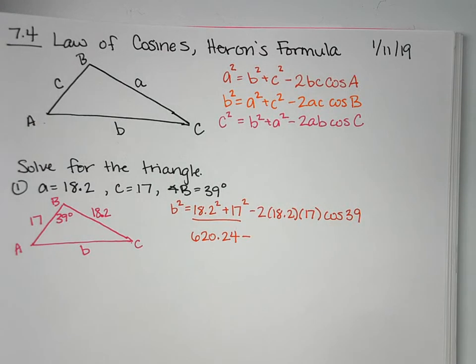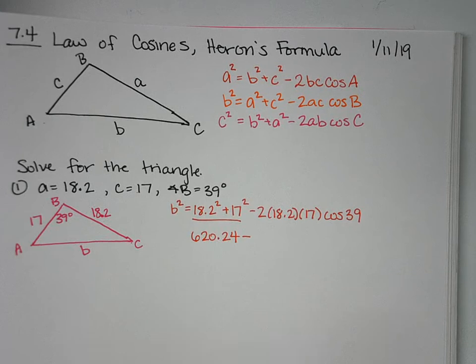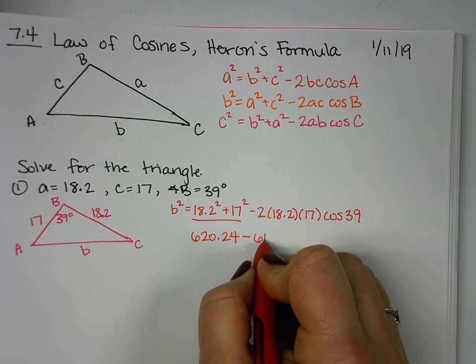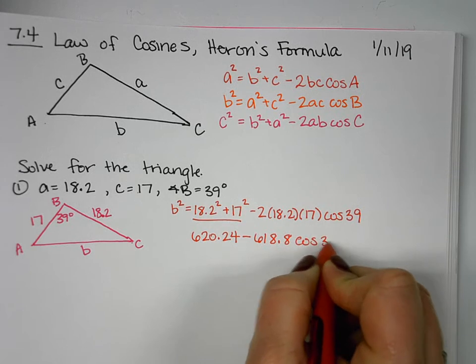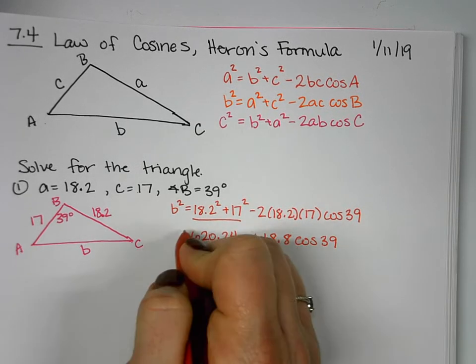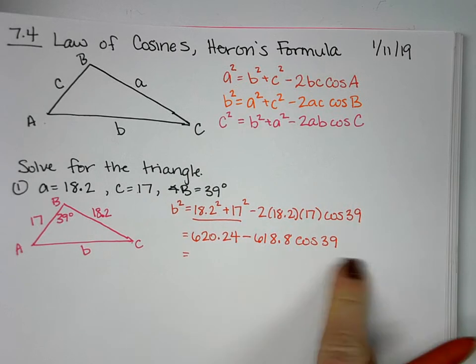Minus 2 times 18.2 times 17 gives me 618.8 cosine 39.